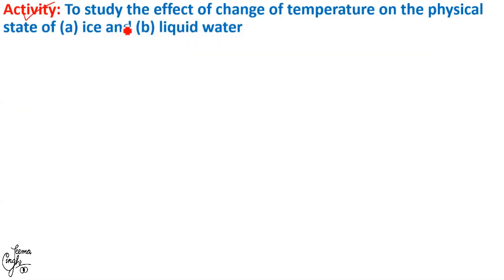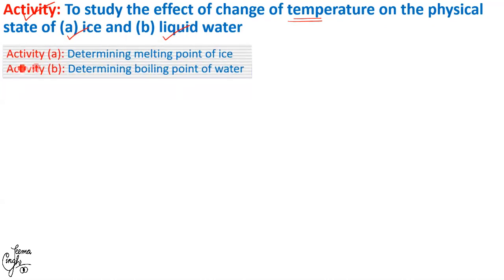The aim of the activity is to study the effect of change of temperature on the physical state of ice and liquid water. The first part of the activity is also an experiment that is performed to determine the melting point of ice, whereas the second part helps in determining the boiling point of water.